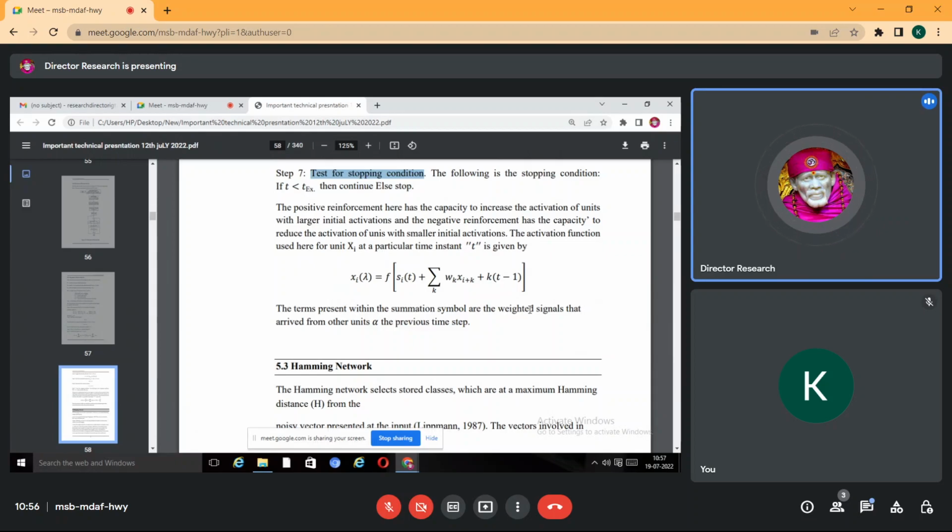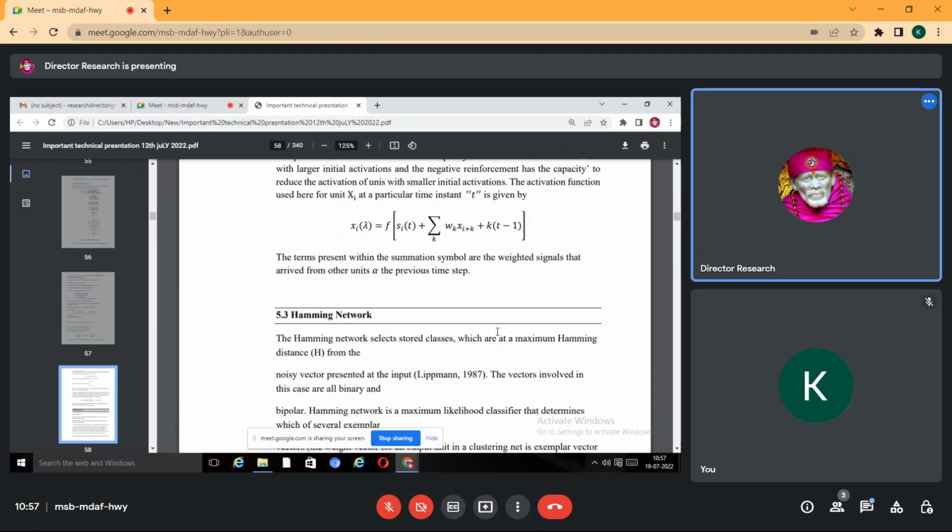The activation function used here, for unit xi at a particular time instant t, is given by xi of t equal to f of s of t. The term present is the summation of weighted signals that arrived from units at the previous time step. Hamming network.